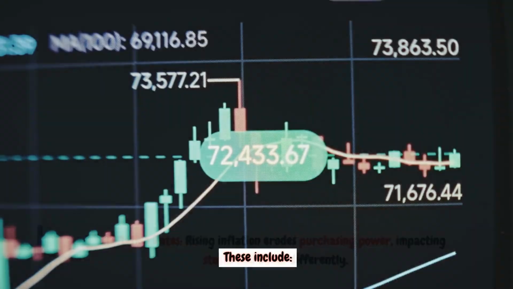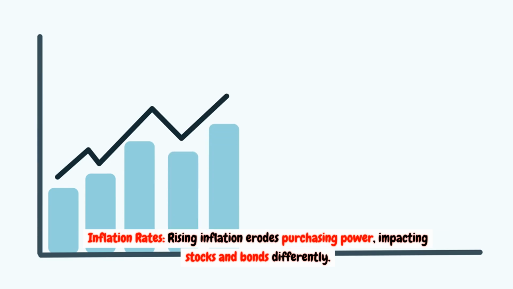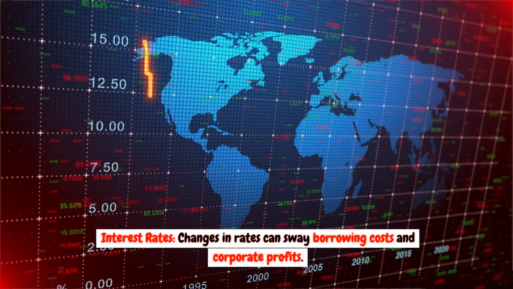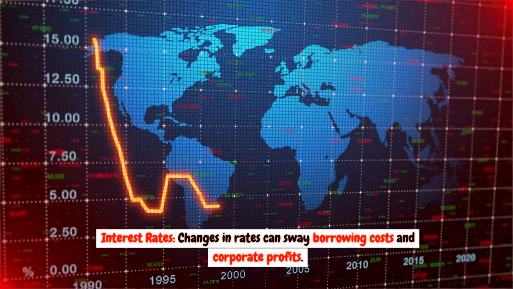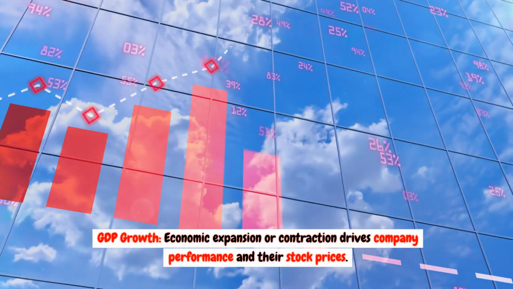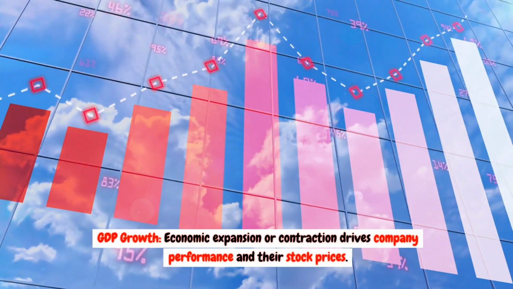These include inflation rates. Rising inflation erodes purchasing power, impacting stocks and bonds differently. Interest rates. Changes in rates can sway borrowing costs and corporate profits. GDP growth. Economic expansion or contraction drives company performance and their stock prices.